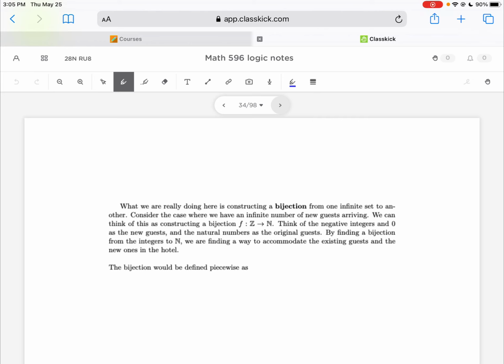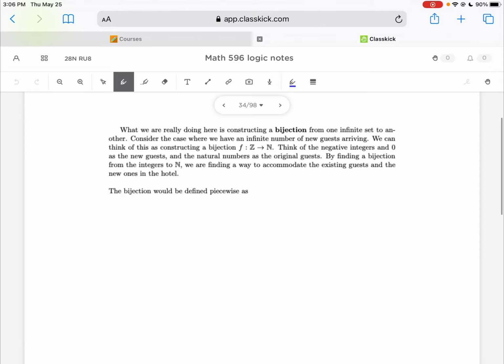So the bijection that we're using is a piecewise one, which says f of n is equal to 2n if n is positive. In other words, if you're an existing guest in the hotel and you're already in room n, you're going to move to room 2n.